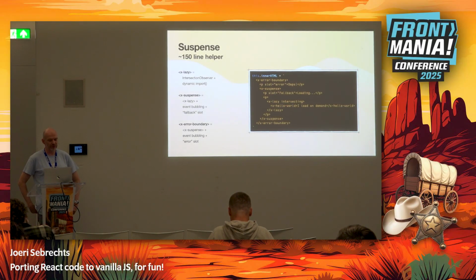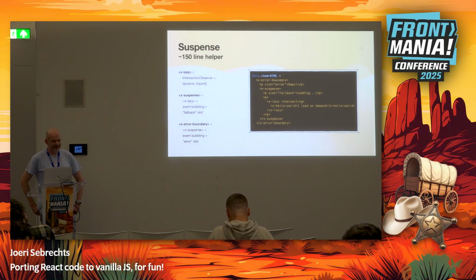So the components that we put in the fallback slot will be shown at the fallback time, and everything else goes into the default slot, and will be shown in the normal situation. If something goes wrong, again, we can broadcast events for that. They will bubble up and reach our error boundary, and it does basically the same thing as suspense, but now for errors.